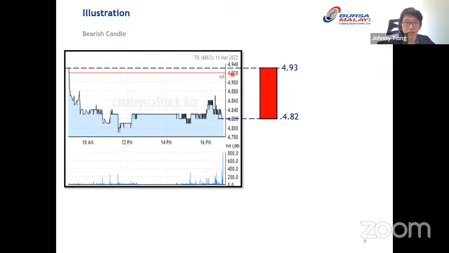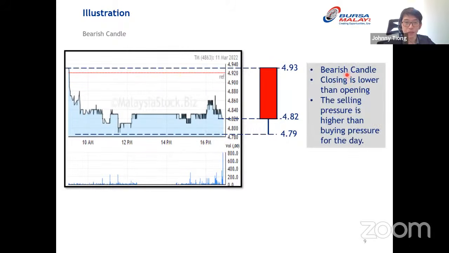After this we try to draw, is there any highest point or lowest point? In this chart there's no upper tail, as the highest point is 4.93, but there is a lowest point here at 4.79. So we draw the lower tail. What can we deduce from this price action and also the volume?